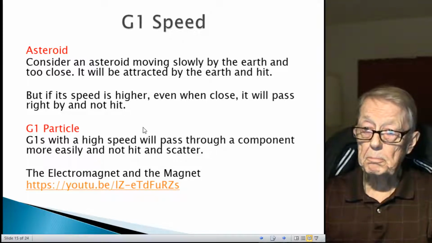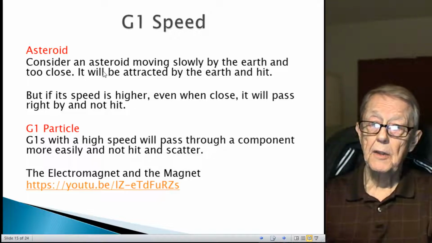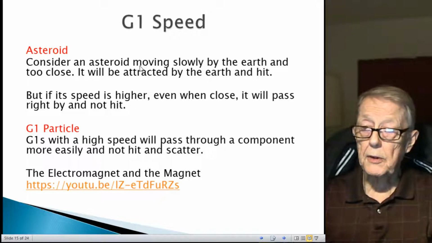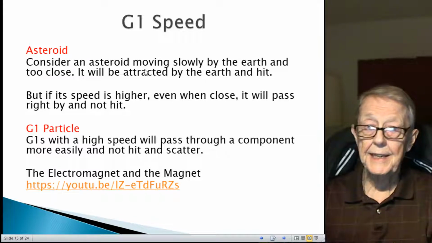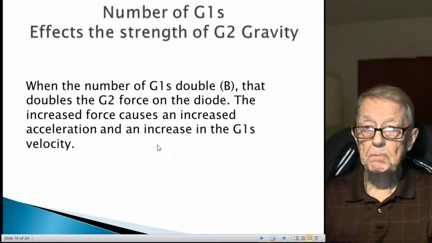So this is a basic function that happens, the speed. And what it means is the faster the asteroid goes through, the less likely it is to hit anything. The faster the G1 particle, the less likely.